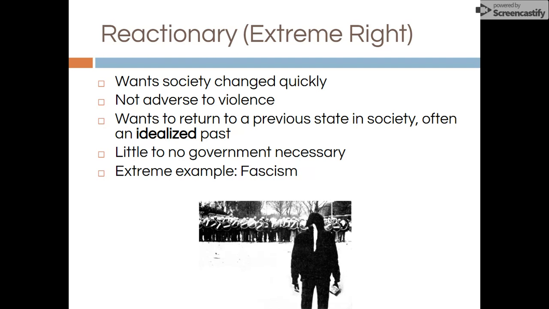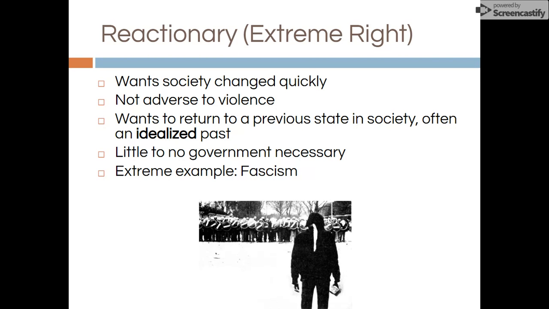Reactionary, the extreme right. Now, similar to radicals, they want society to change quickly. And again, they are also not opposed to using violence in order to achieve that change. Now, how they differ a little bit from radicals is that they want to return to a previous state in society. They're idealizing the past. They look at the past and they're like, you know what? They had it right back then. We need to go back to that and how it was.